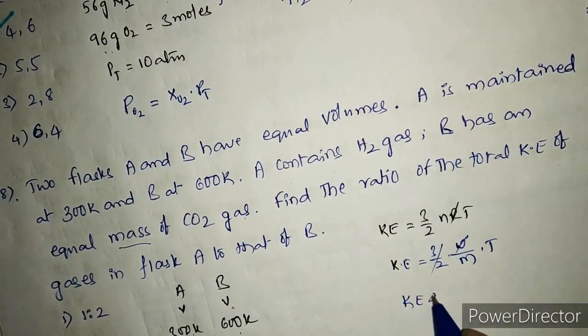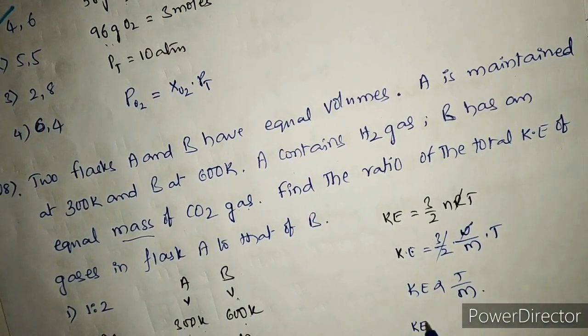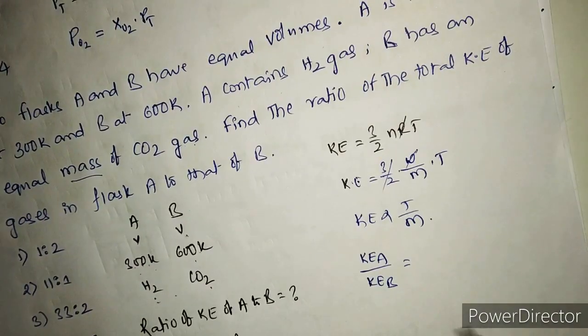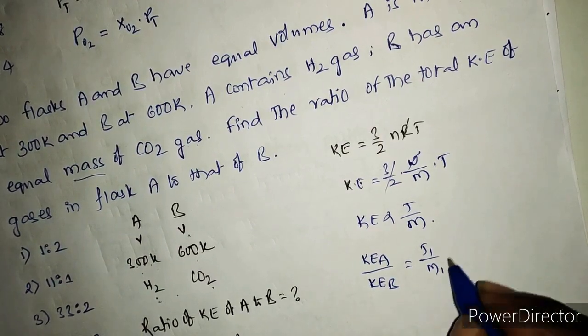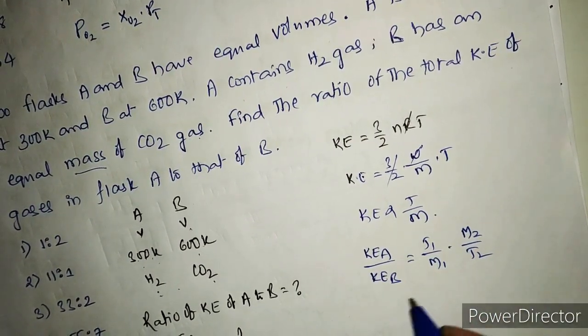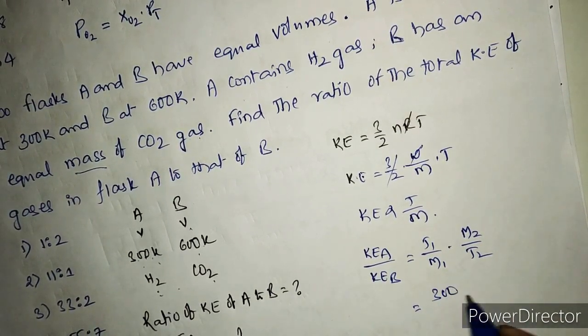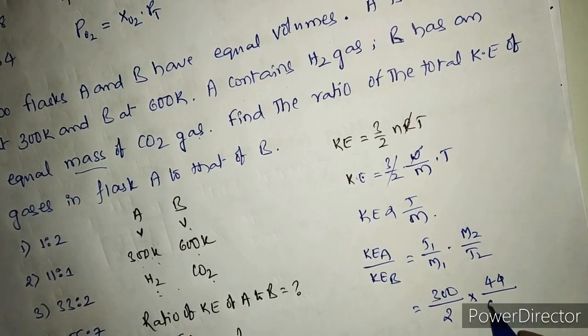So kinetic energy is directly proportional to T by m. So kinetic energy of gas A by kinetic energy of gas B is T1 by m1 into m2 by T2. Now T1 is 300 kelvins, m1 is the molecular weight of hydrogen, which is 2, and m2 is the molecular weight of carbon dioxide, which is 44, and T2 is 600.